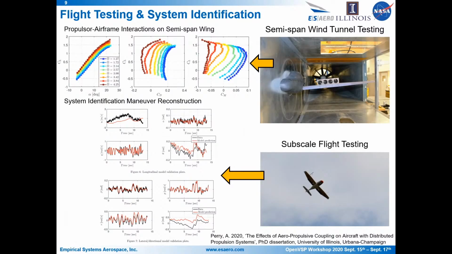So what we're seeing here is a very high-level summary of what UIUC has done for supplying the system-identified data set for us to compare to. More details can be found in Aaron Perry's PhD dissertation, referenced in the bottom right of this slide for anybody who's interested.